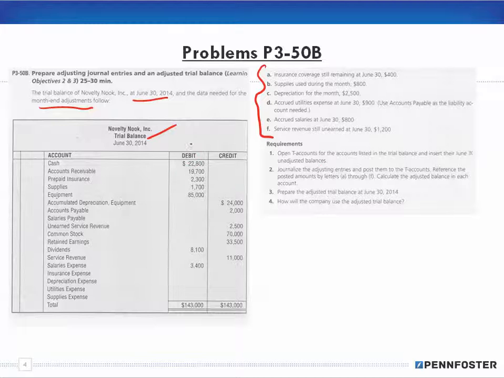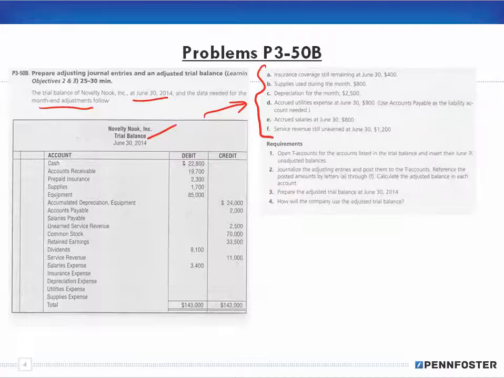So what it's saying is you're going to make T accounts and put the balances in the accounts for all of these ledger accounts. Then it says journalize the adjusting entries and post them to the T accounts. So we'll journalize those entries, post them to the T accounts, and then calculate the adjusted balance in each account.